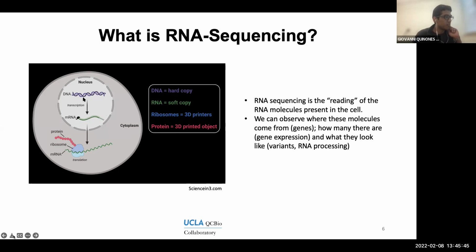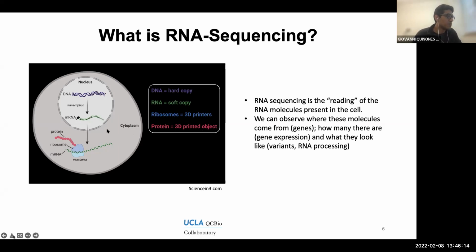As you know, the genetic information flows from DNA into RNA and into protein. The analogy that we're using here is that DNA is the hard copy of your genetic information, RNA the soft copy, ribosomes being the 3D printers, and the protein, the functional part, is the 3D printed object.